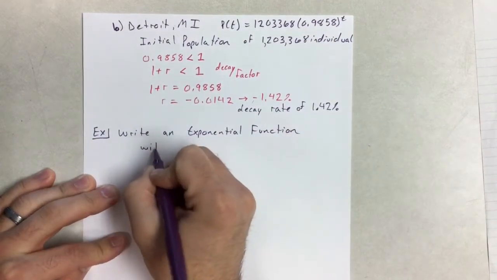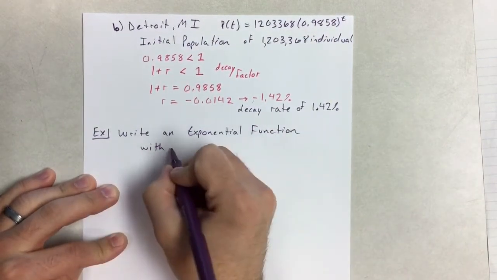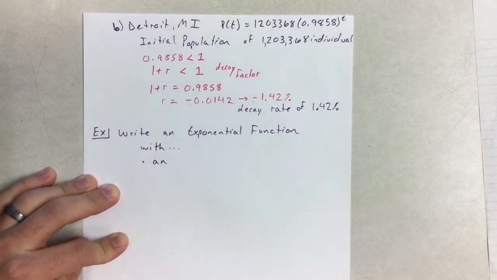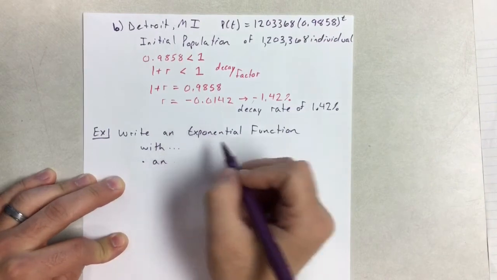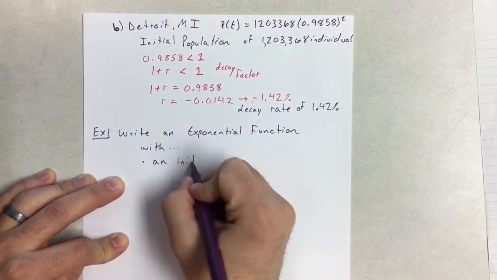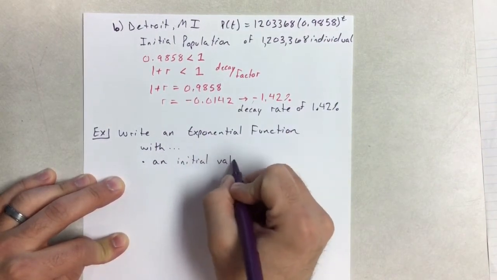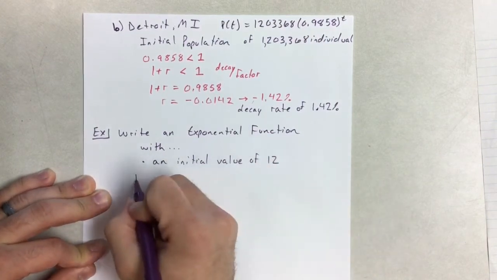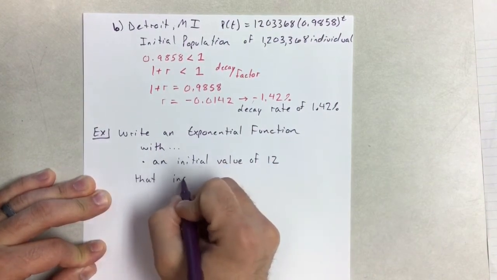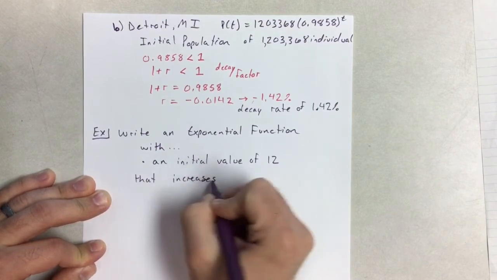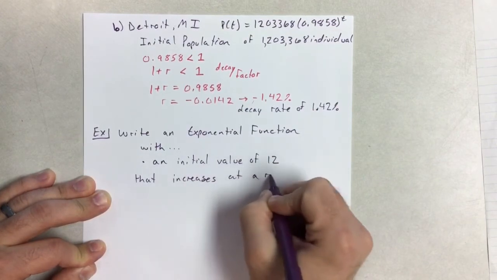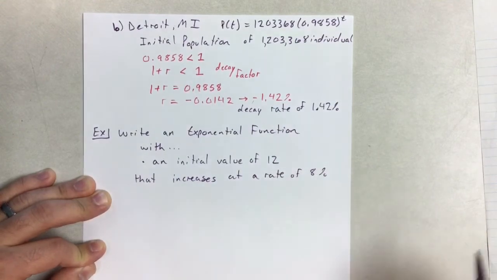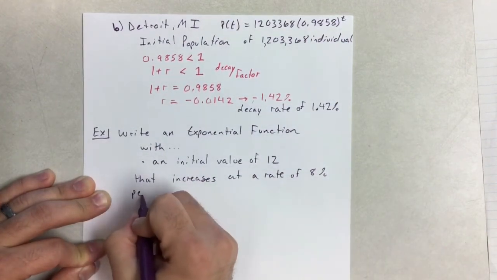So we want to write an exponential function with the following information. So first one, let's write an exponential function with an initial value of 12, and that increases at a rate of 8% per year.